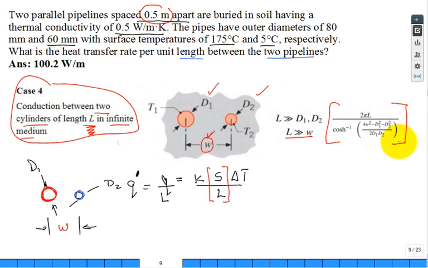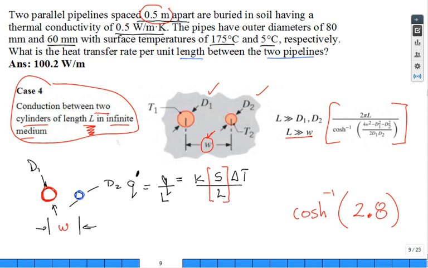Oh my, what is this cosh to the -1 of something? Let's have a clicker question. You have your calculator. Let's do on your clicker, what is the cosh to the -1 of 2.8?